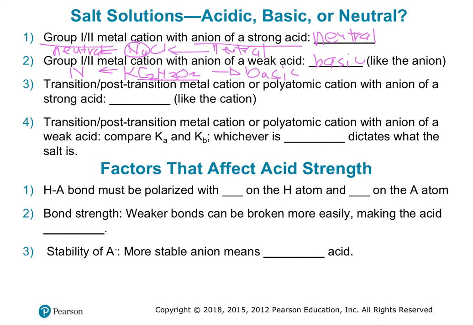Now if we have a transition metal or a polyatomic cation, that could be either ammonium or something like iron or aluminum, let's say aluminum, with an anion of a strong acid, let's say chloride. I look at aluminum and say, okay, that's a +3 charge.